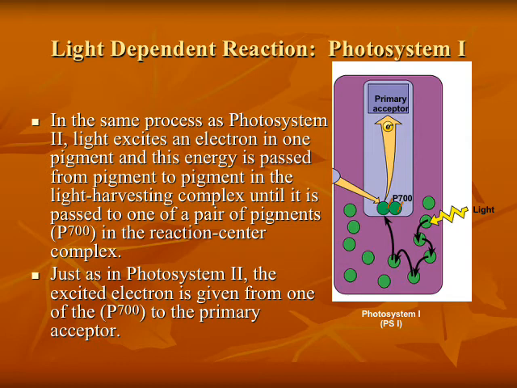In this case, remember, photosystem 2 is P680. In photosystem 1, that pair of pigments is going to be P700, and that is in the reaction center complex inside the lavender box there. Just as in photosystem 2, the excited electron is given from one of the P700 to the primary acceptor.